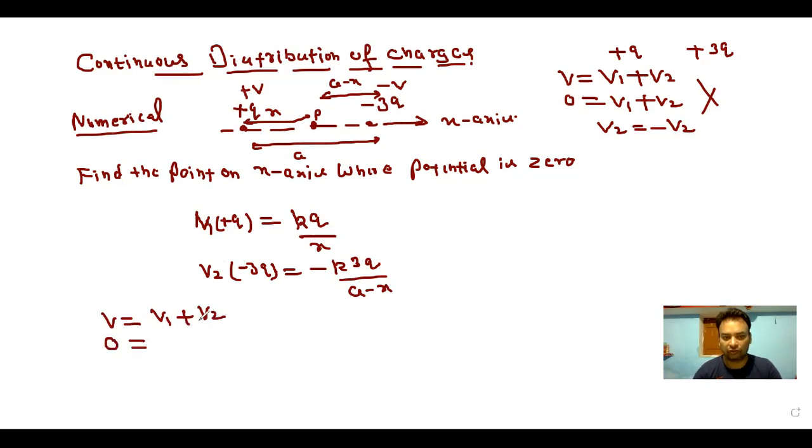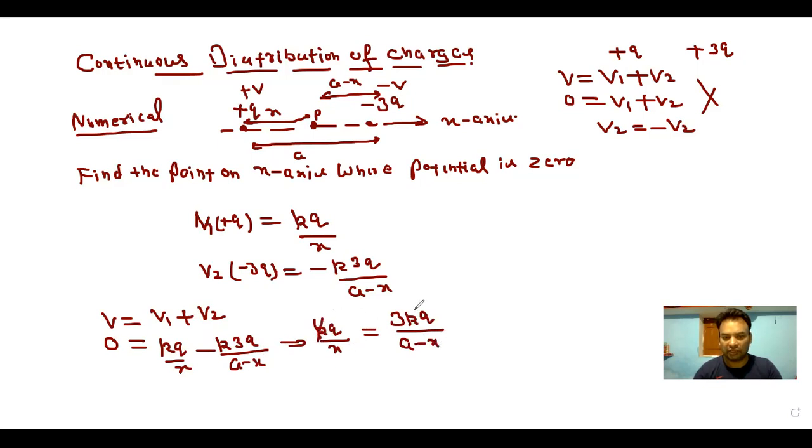So V is equal to 0, which means KQ upon x minus K3Q upon A minus x is 0. So we can write KQ upon x is equal to 3KQ upon A minus x.